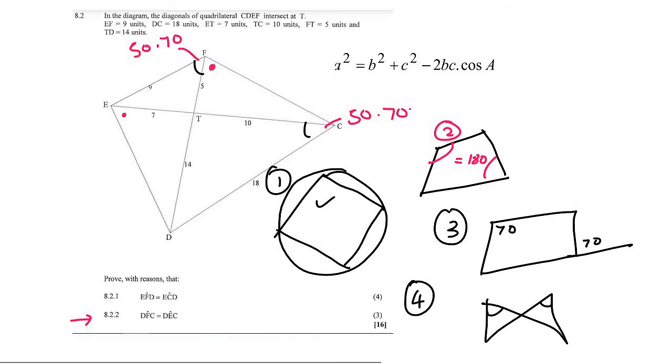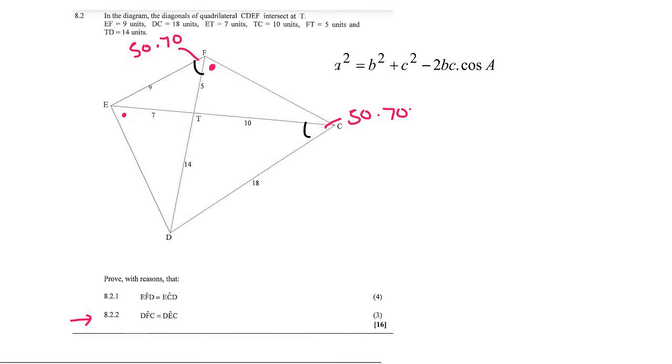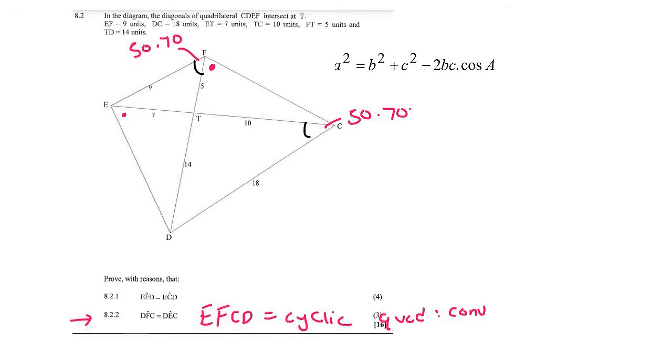So that means that this shape is a cyclic quad. So we can tell them that. We can say that EFCD equals a cyclic quad. Why? Because normally it's called angles in the same segment, but this will be converse, because it's the opposite. Converse, angles, same segment.